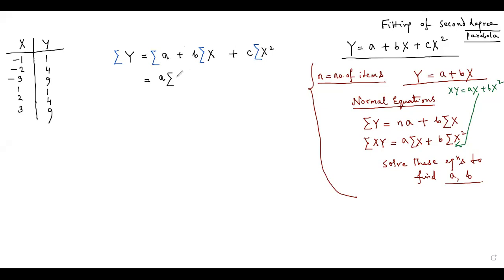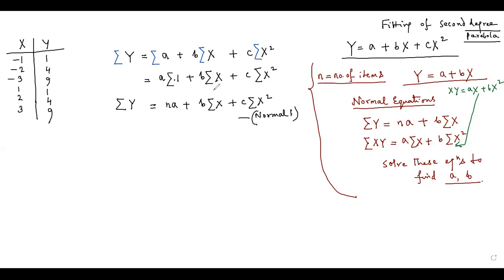Their nature is constant, but they are unknown, and these are the constants we are going to find out. My first normal equation in this regard is na plus b summation x plus c summation x square, which is equal to summation y. I denote this by normal 1.